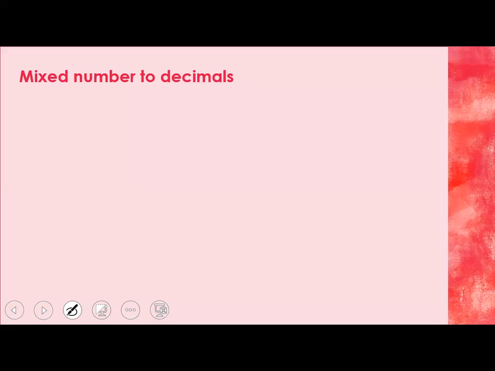Okay, the next thing I might need to do is be converting a mixed number, let's say 1 and 2/10, into a decimal number. So let's have a think of our place value chart. We have ones, the decimal point, we have tenths, we have hundredths, and on, both ways.